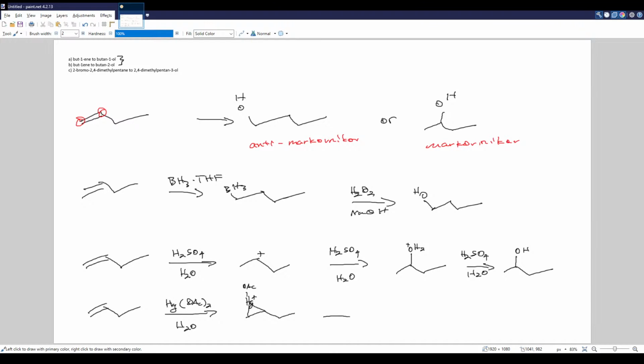And then what do we get? I'm trying to remember my mechanisms here. This is kind of a struggle. Like this, maybe? Okay, yeah, like this. And then we treat it with something to do with boron. Oh, right. Sodium borohydride. And we get that. Cool, so that's 3 different ways we can get that.